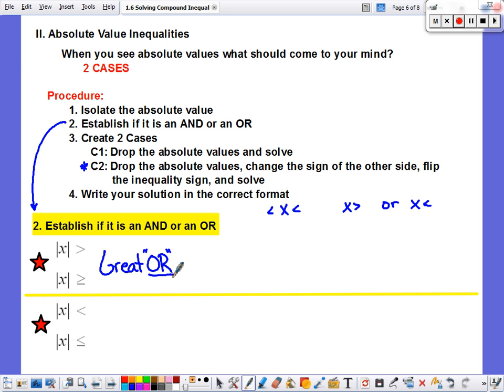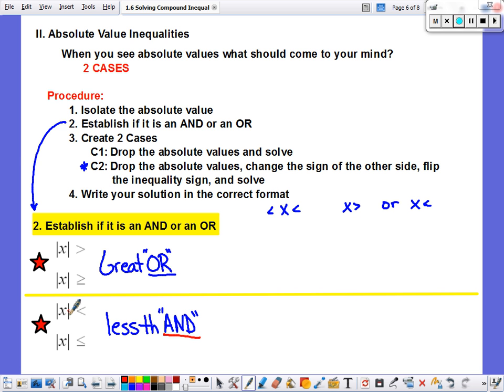So how can we determine it without graphing? Here's how you do it. Absolute value, greater, absolute value, greater, or. Down here with these, if you take a look, you have absolute value is less than. Instead of "less than," what if I said "less than"? Very close, but that's going to help you determine that what we have here is an and statement.